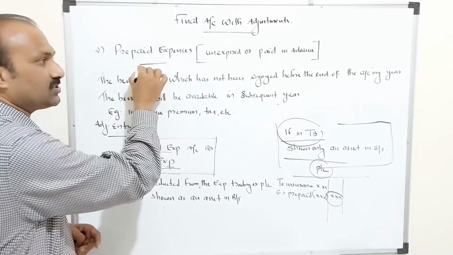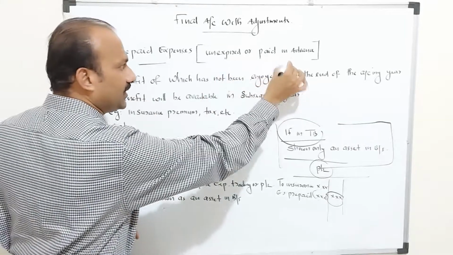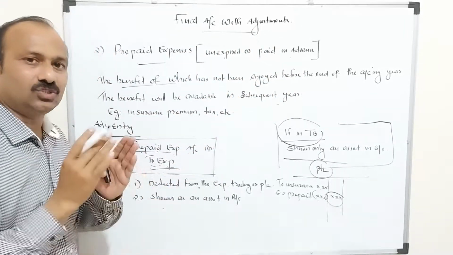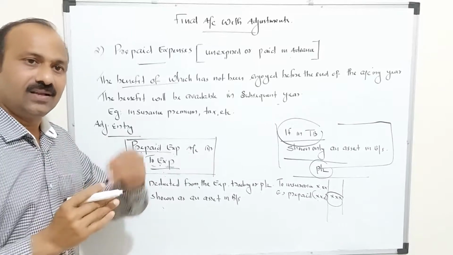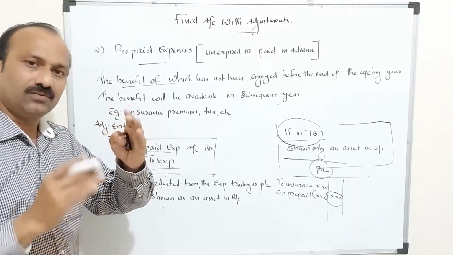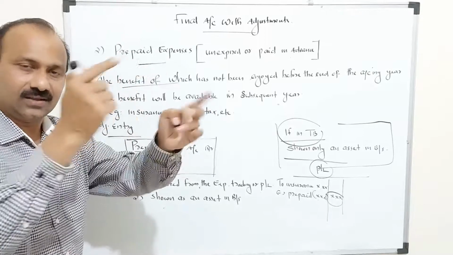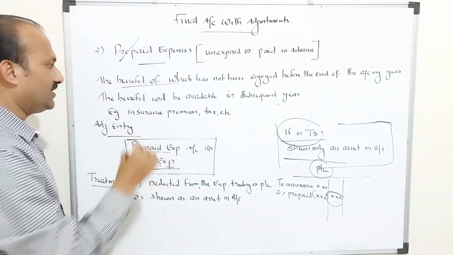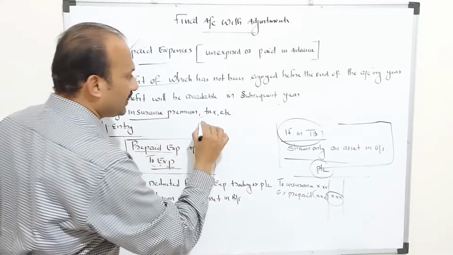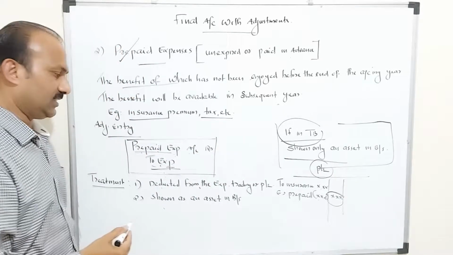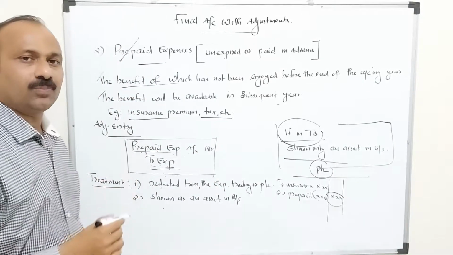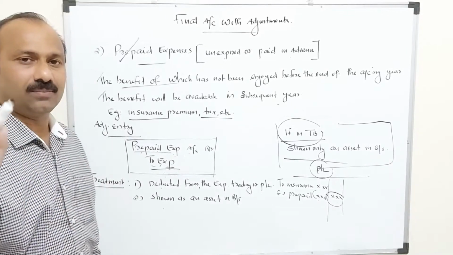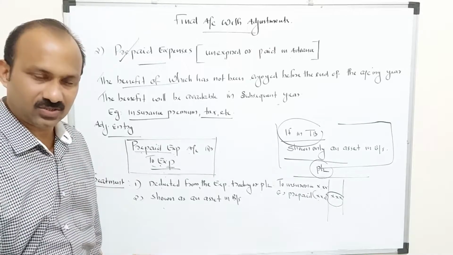Prepaid expense means unexpired or paid in advance. The benefit of an expense not enjoyed in that particular year, some portion of that expense will be related to the next year. That type of expense is known as prepaid expenses. Examples: insurance premium, tax, rent, etc. The adjusting entry for prepaid expense is prepaid expenses account debit and credit will be expenses.